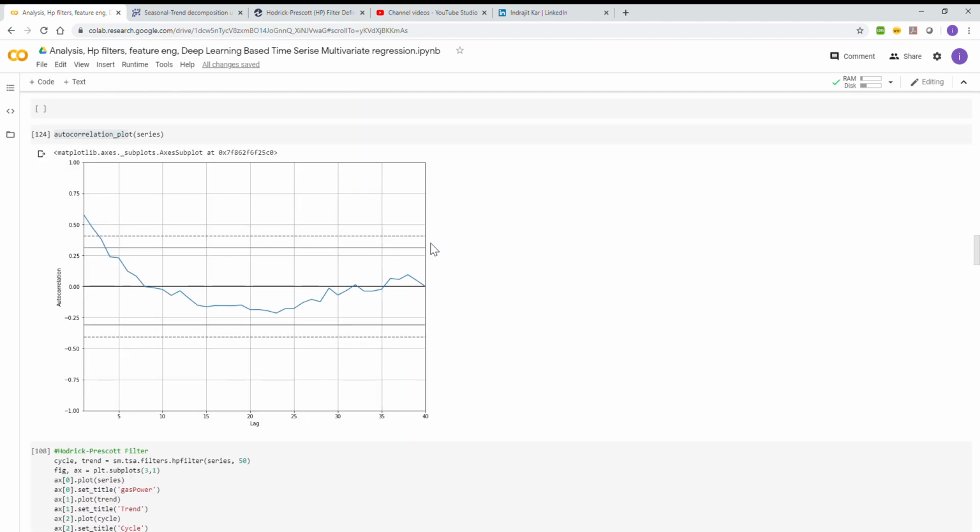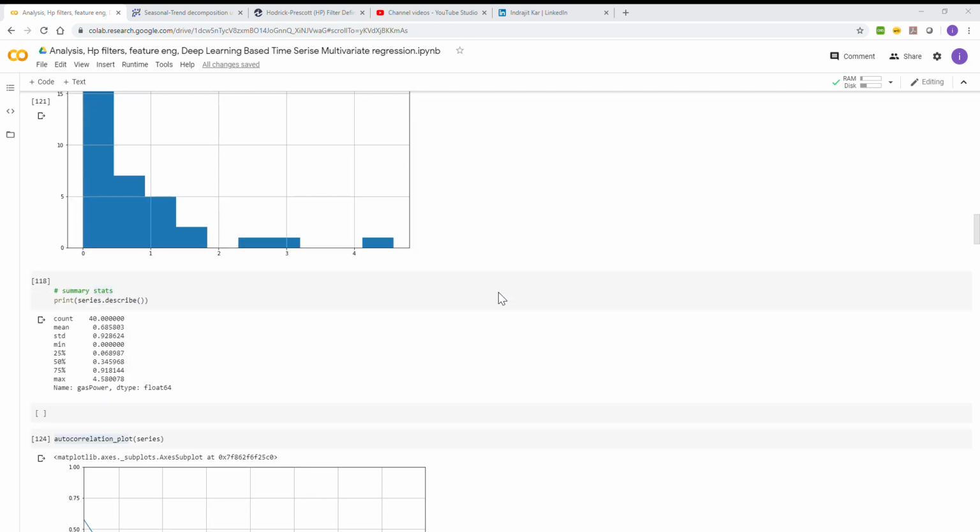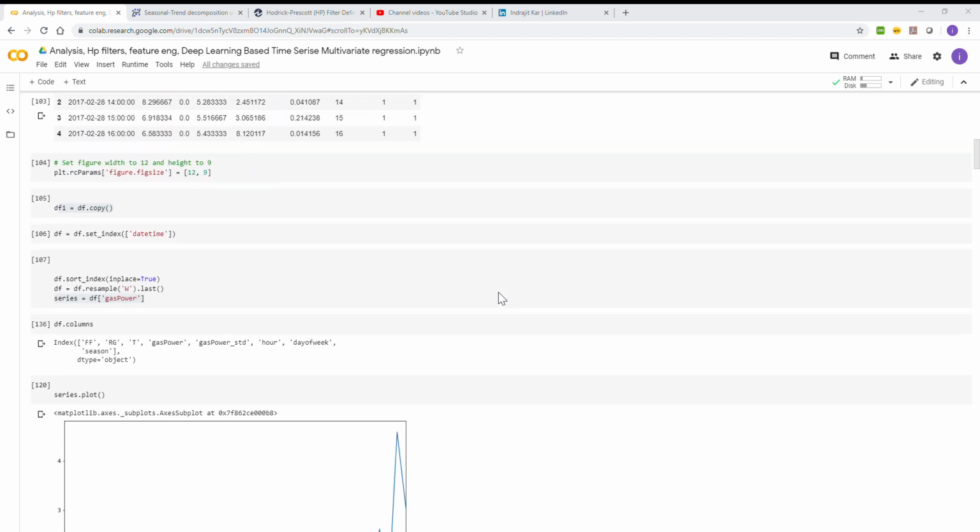And so let me go ahead and share a little more on what are the types of decomposition that you can do apart from HP and STL. There are other decompositions like you can take the trend, the seasonality, the cycle, and do an additive. Okay, you can create an additive effect.